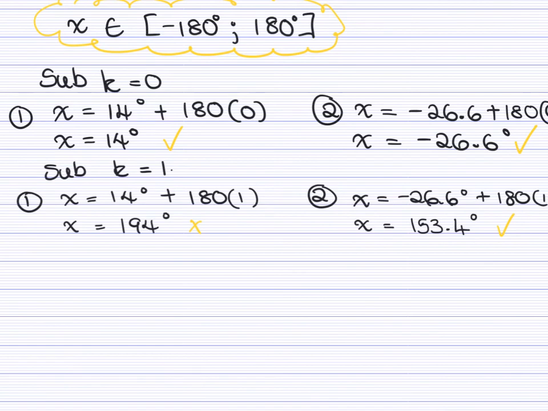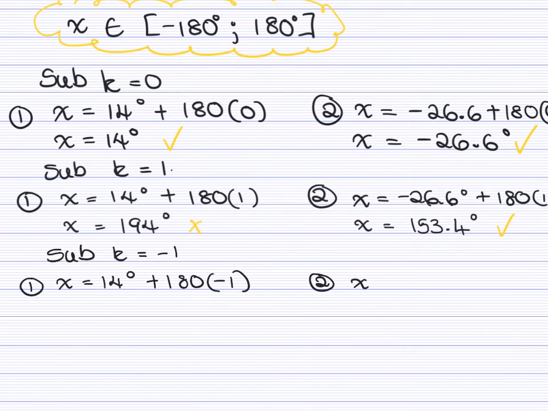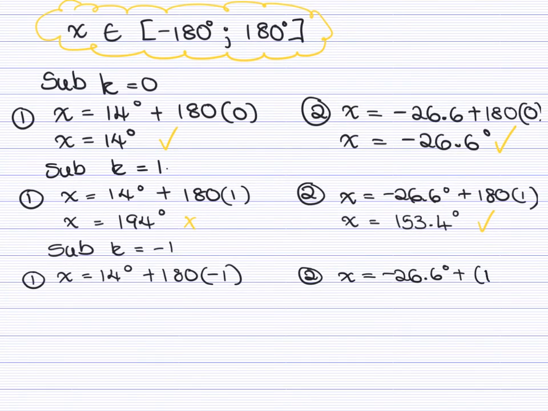So what I'm going to do now is then sub for k equals minus 1 into both your equations. Same process. Where I see k, I substitute in negative 1. Okay, so the reason we're doing this is to make sure we get all or as many of the values within that range. Okay, so your answers for these two are as follows.